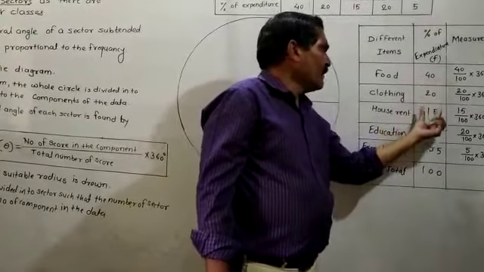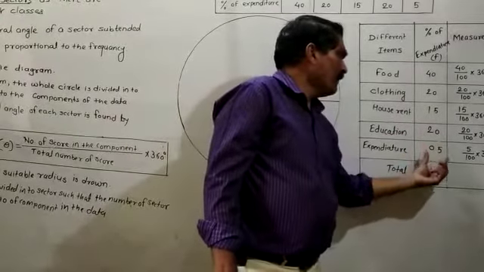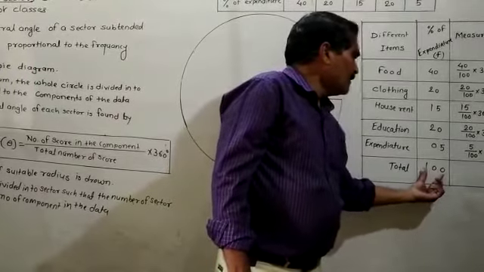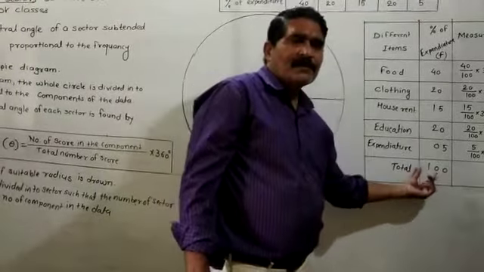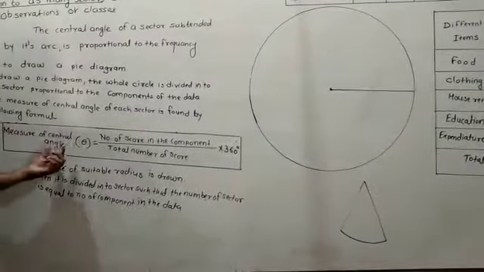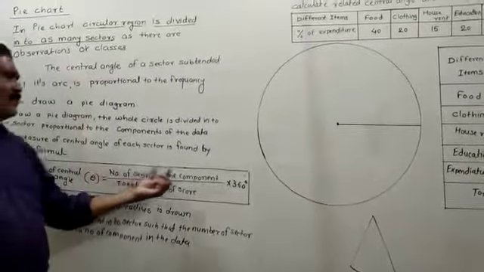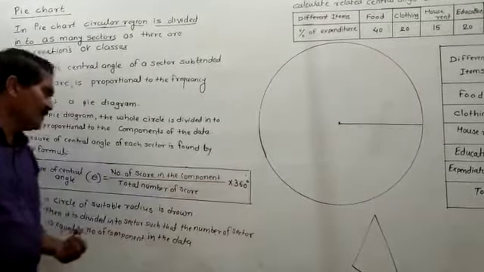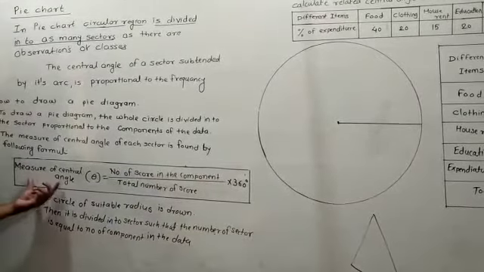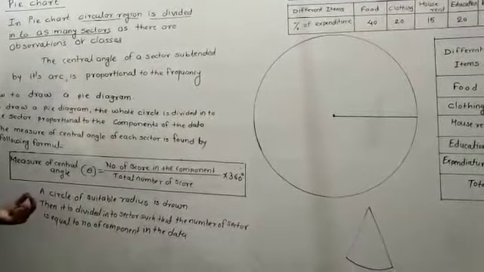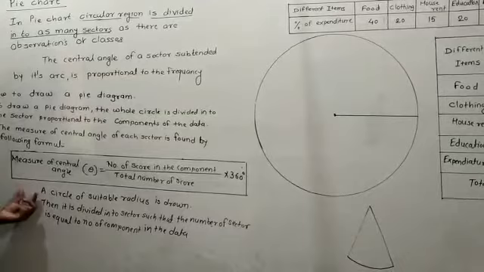So 40, 20, 15, 20, 5, these are the scores, and this is the total sum of the scores. So the formula is like that. Measure of central angle theta is equal to number of scores in the component upon total number of scores, multiplied by 360. By utilizing this formula, you have to calculate the central angle.